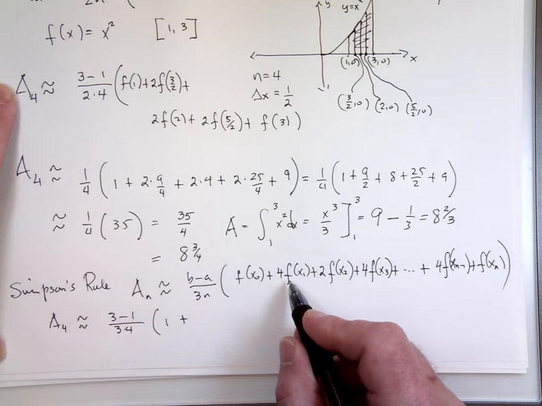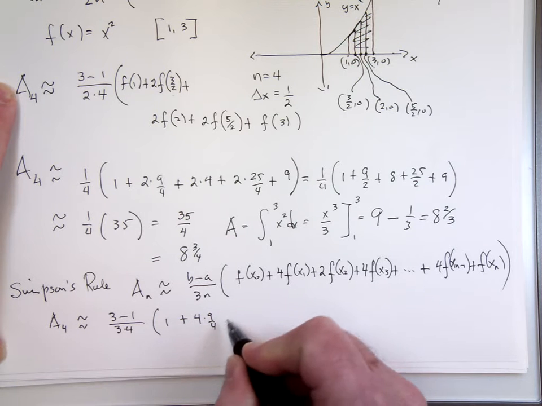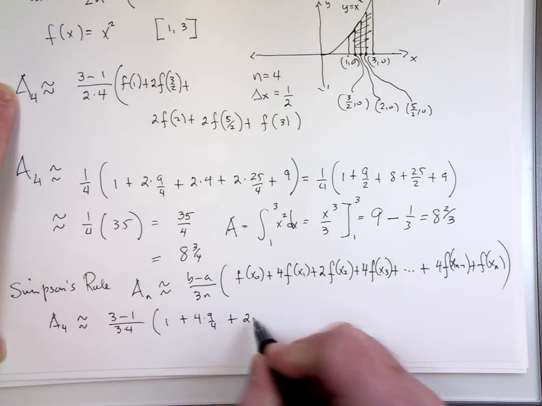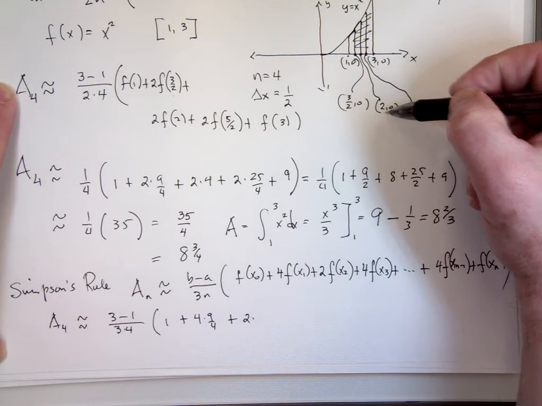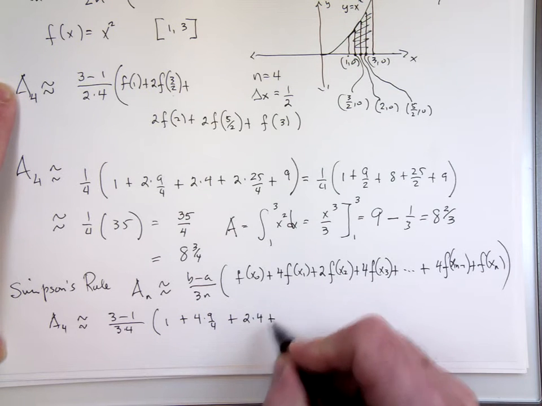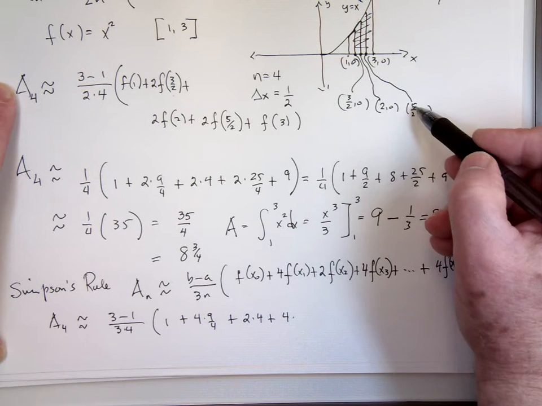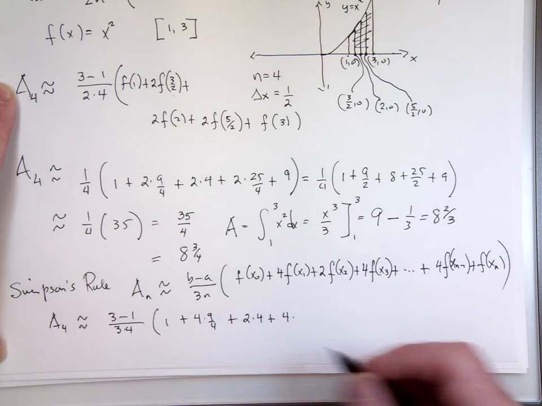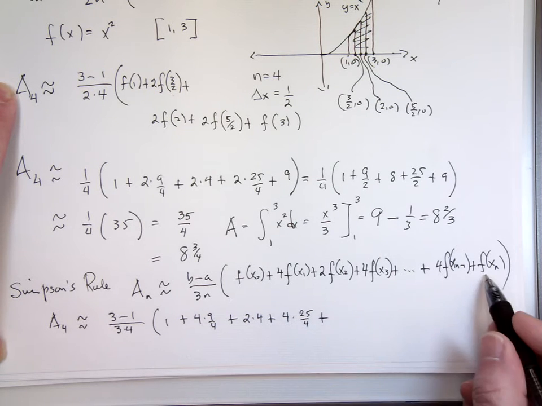Now, f of 3 halves is 9/4, so 4 times 9/4, plus 2 times f of x sub 2, that's 2 squared, 2 times 4, plus 4 times f of 5 halves, which is 25/4, plus f of 3, which is 9.